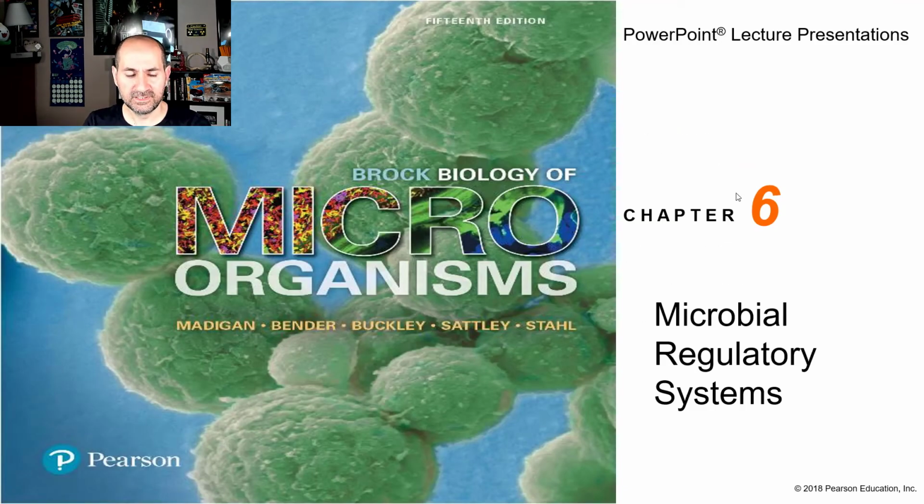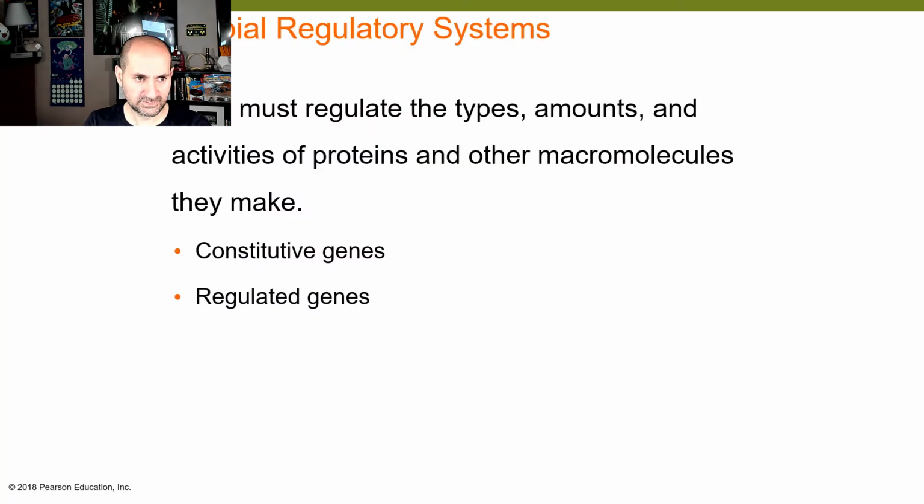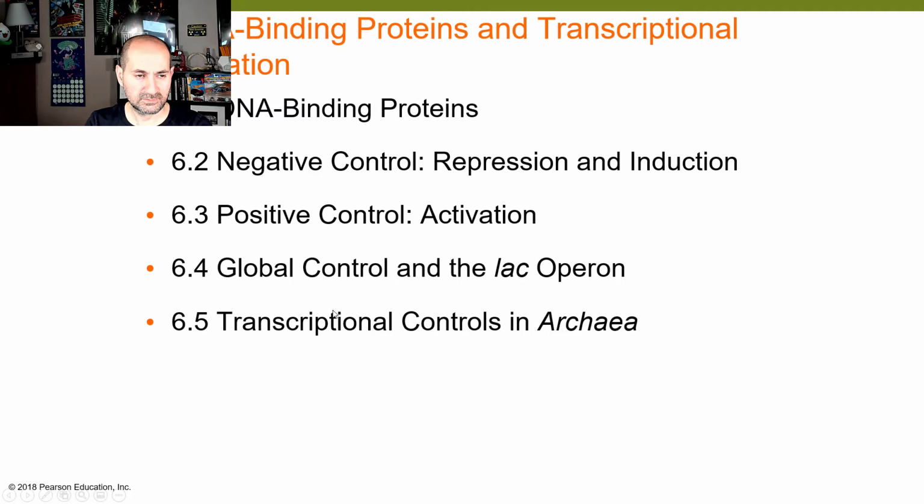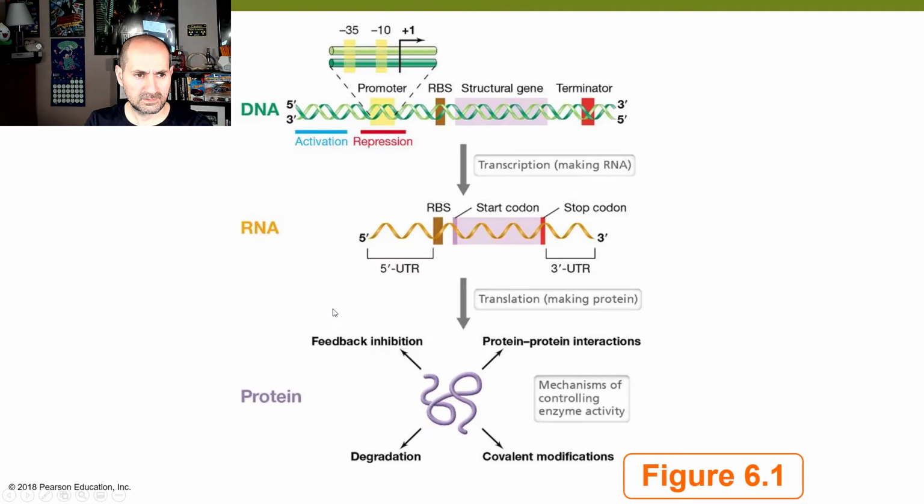All right, let's carry on with chapter 6, covering microbial regulatory systems. Please know the difference between constitutive genes and regulated genes. Please know about the gene structure of a prokaryote.